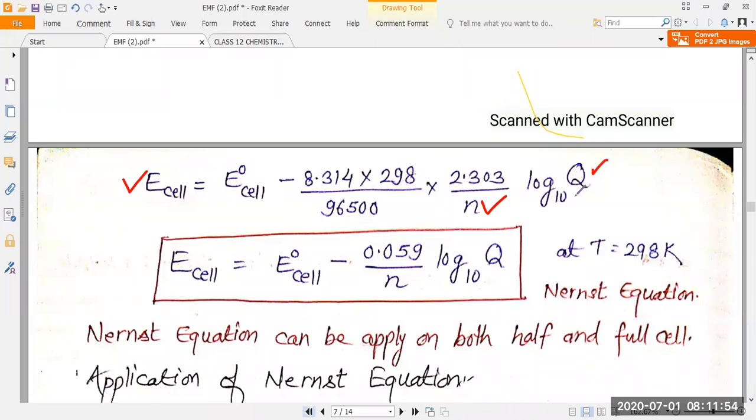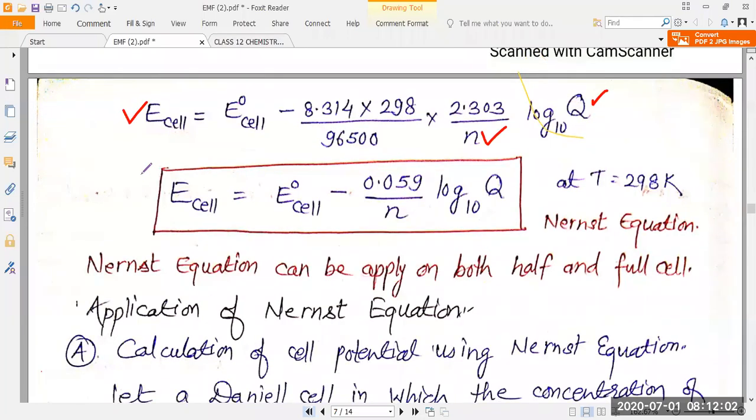How we find the reaction quotient, we will discuss in this topic.